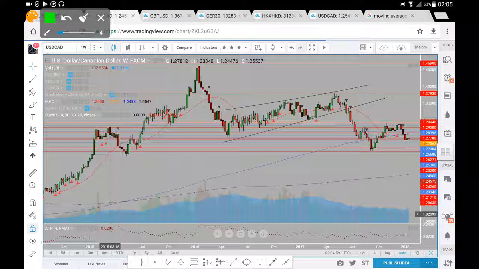Now we have tested the 200 period moving average from below. Yes, we have seen this market move to test the 200 period moving average from below. So a breakdown, from which the previous levels that we are looking at are possibly 123.34, 121.71, and 120.63. Those are levels that we are looking at on the US dollar against the Canadian dollar.